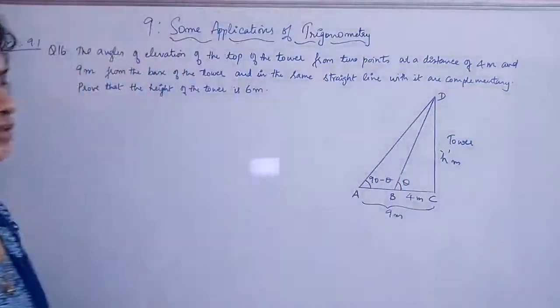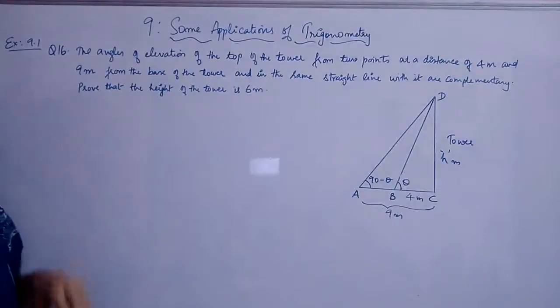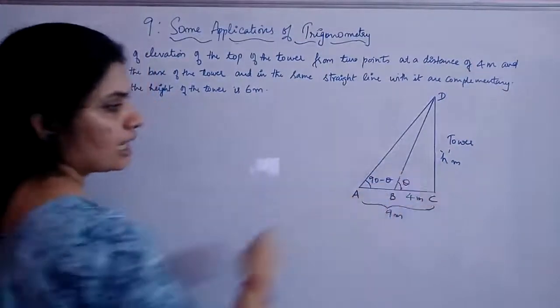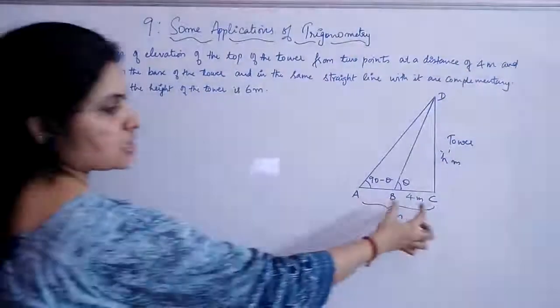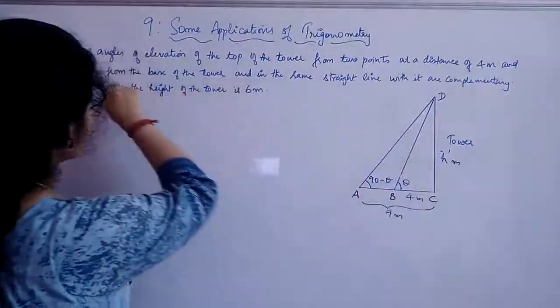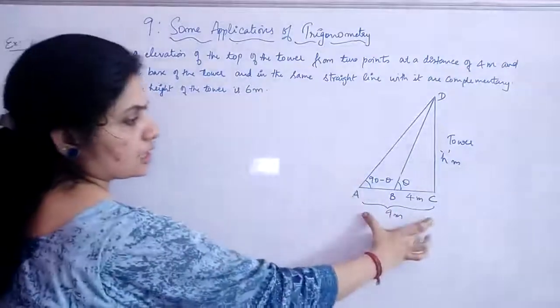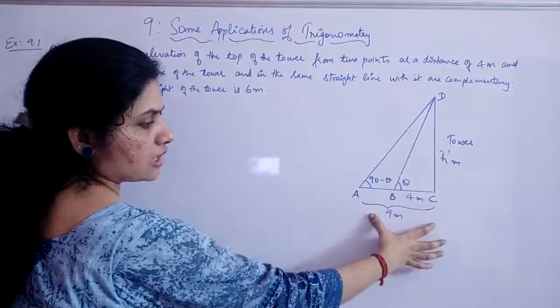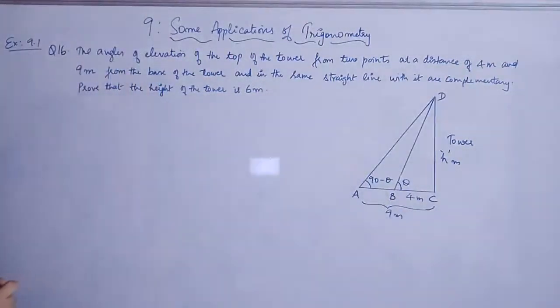This is a relation given between them, and you have to prove that the height of the tower is 6 meter. So we are just taking the height of the tower to be h meters, and remaining this distance is given to be 4, you just see, and 9 meter respectively. That means this is 4, this is 9, and using these concepts we can find out what is h equal to.